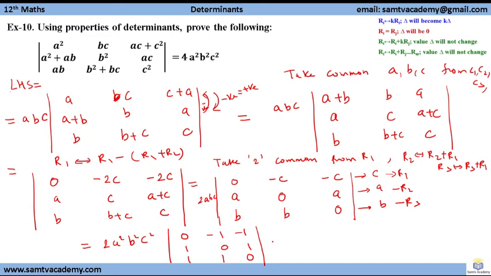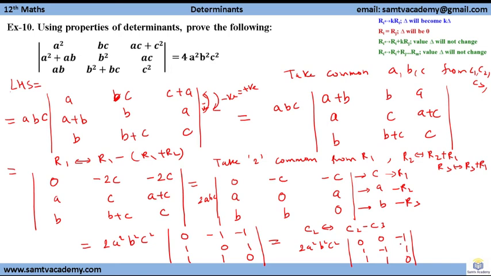Now one step more you have to do. You can replace C2 with C2 minus C3. So here 2A square, B square, C square, and 0, 1, 1. The second column is replaced with C2 minus C3, so it will be 0. Here I am left with minus 1, and here 1, and minus 1, and 1, 0 is as it is.